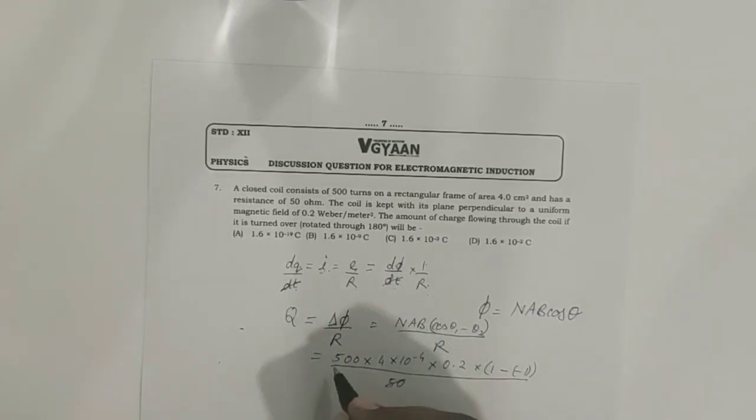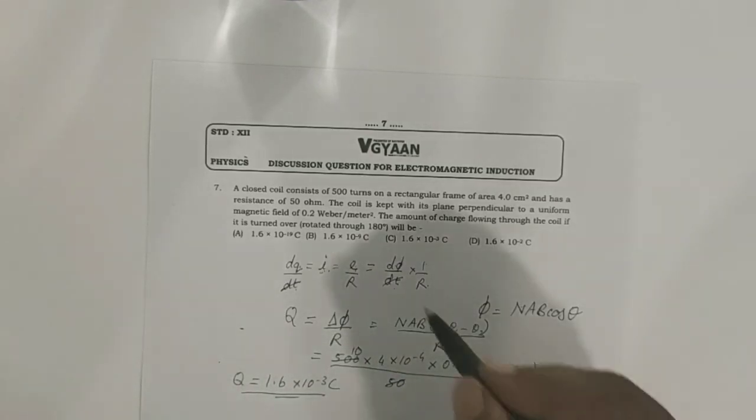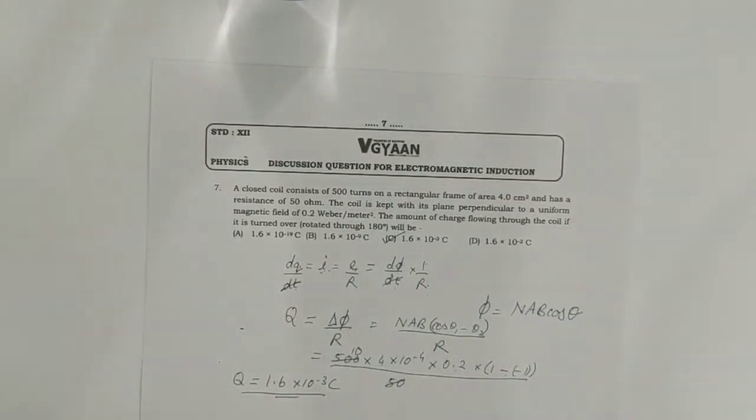So very easy one. This gets cancelled out. This becomes 10 raised to minus 3. 4 into 0.2, that's 0.8 into 2, that is 1.6. So hence the charge will be 1.6 into 10 raised to minus 3 coulomb. This is the total charge that will be flowing through the coil. Hence the option is C.